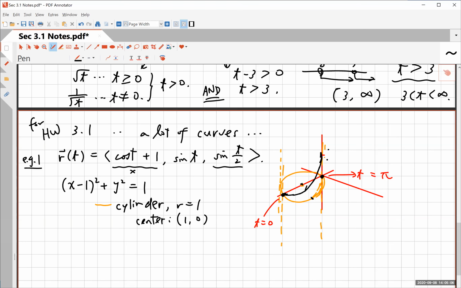When t is equal to pi, you have 0, 0, and then sine of pi over 2 is 1. And then it keeps going down this way. So it's going to be a curve. It is circular, but it goes up here and then starts to go down this way, back to this point, which is 2, 0, 0.